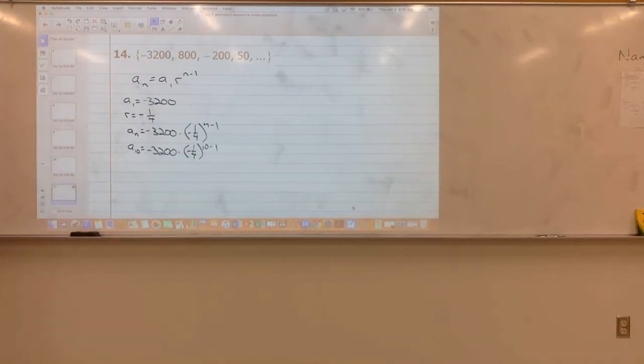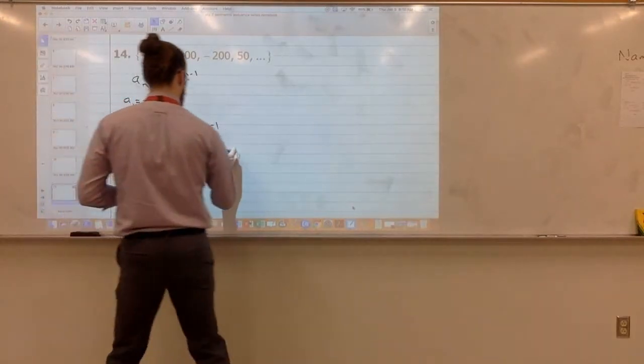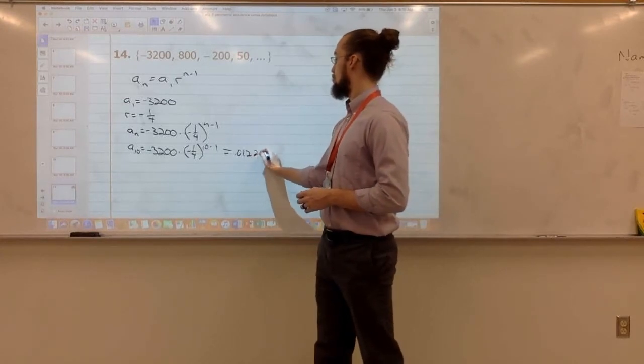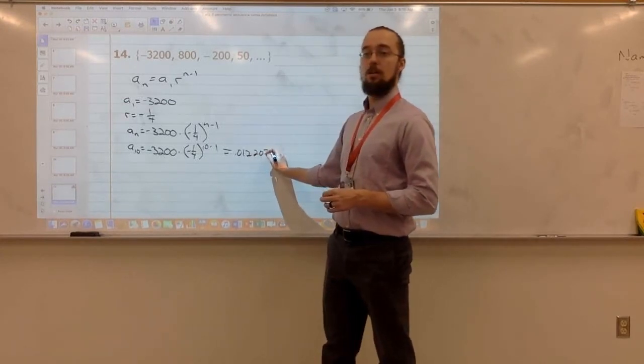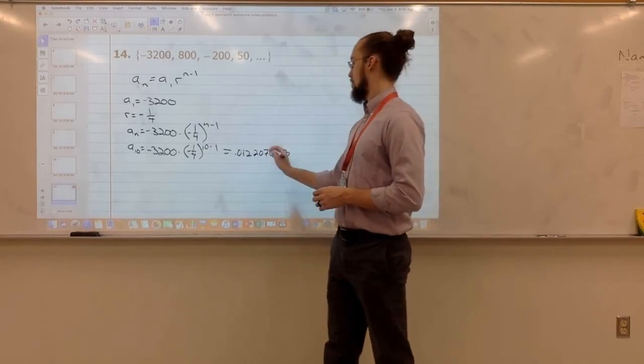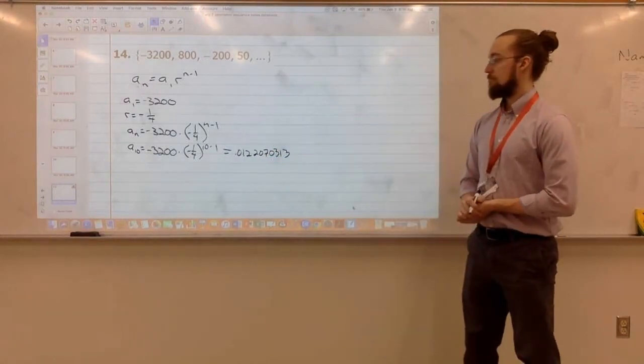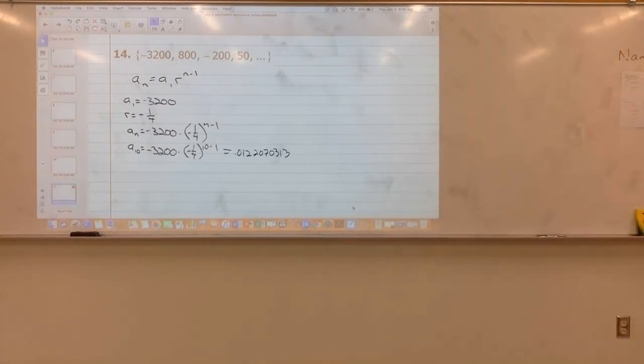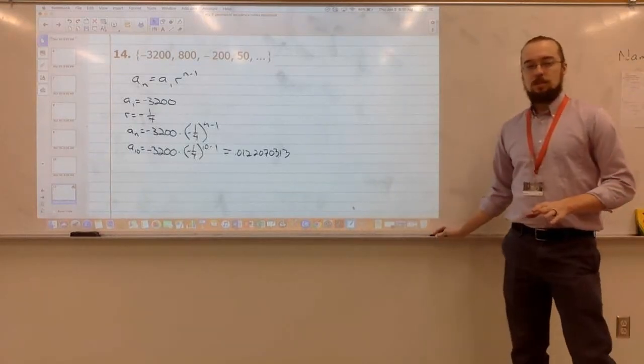What does that get me? 0.012207. So you get pretty small pretty quick. Questions on these?